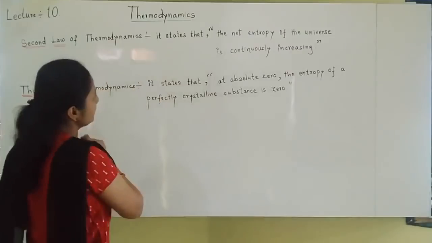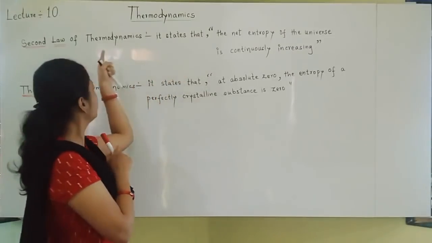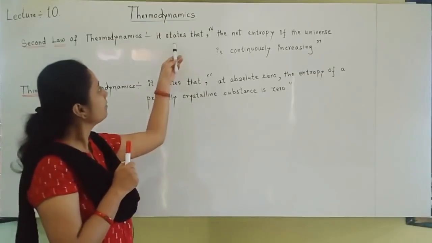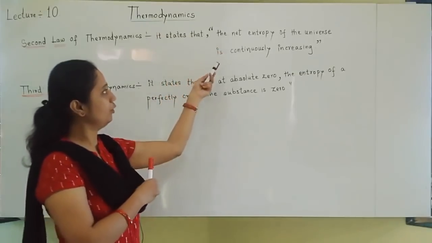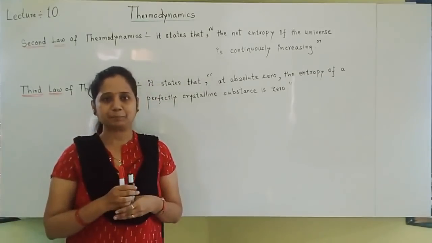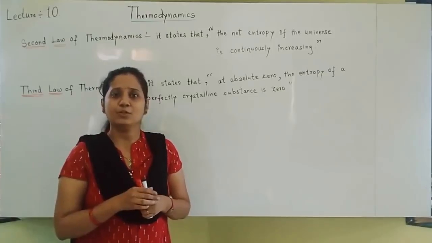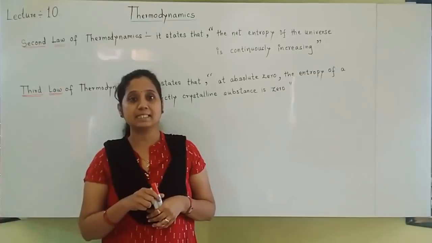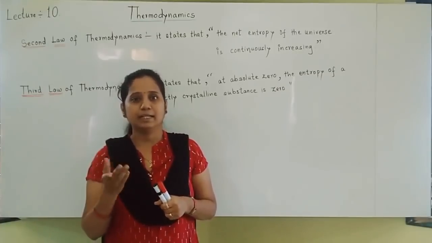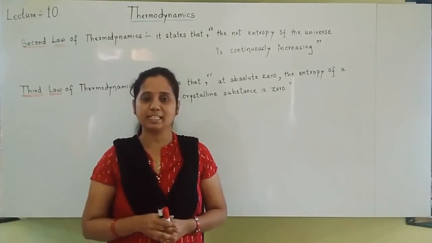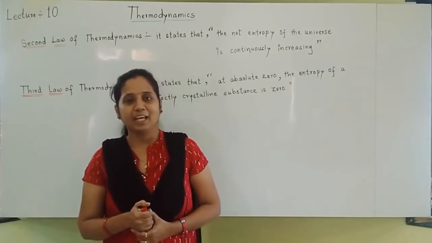The second law, related to entropy, tells that the net entropy of the universe is continuously increasing. Of course, yes. We have seen that so many processes take place in nature which increase the randomness or disorderness. So the total net entropy of the universe is continuously increasing.